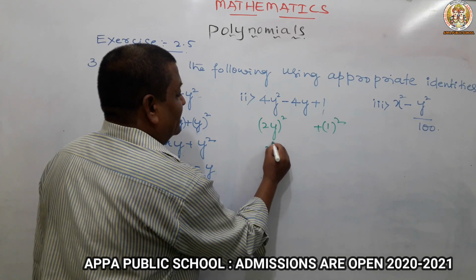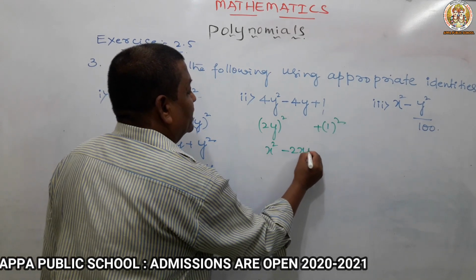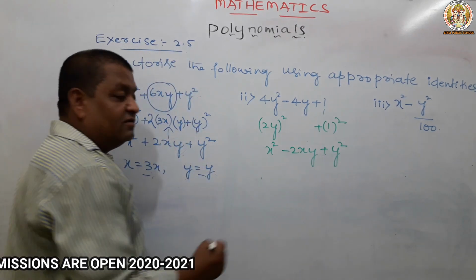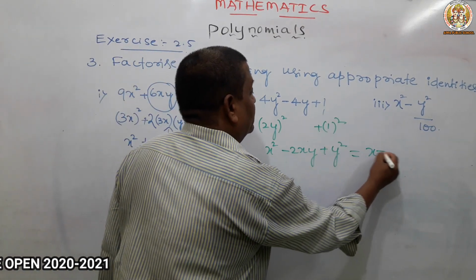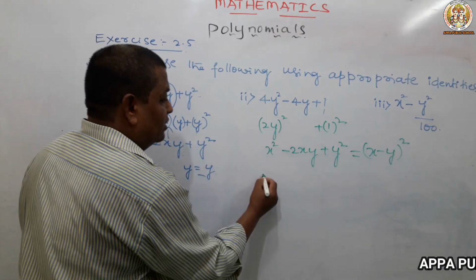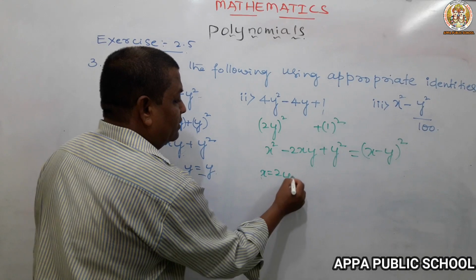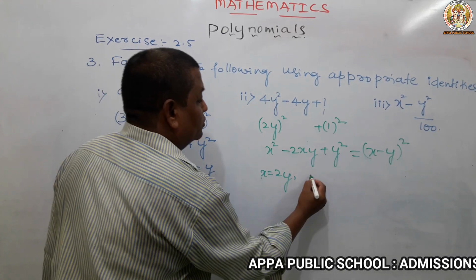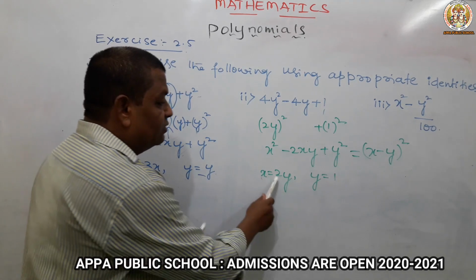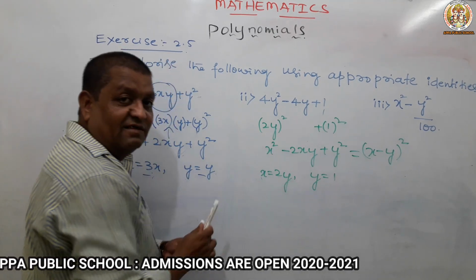What is that? x square minus 2xy plus y square. What is the answer? x minus y whole square. So what is the x value? x is equal to 2y and y is equal to 1. After getting the x and y values, you can place them easily.